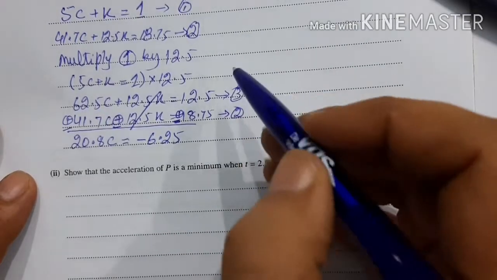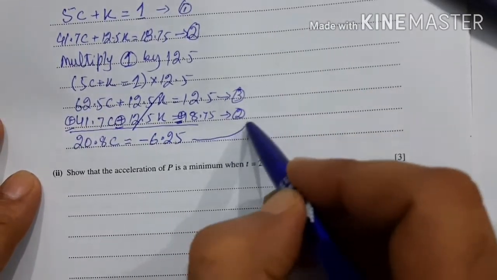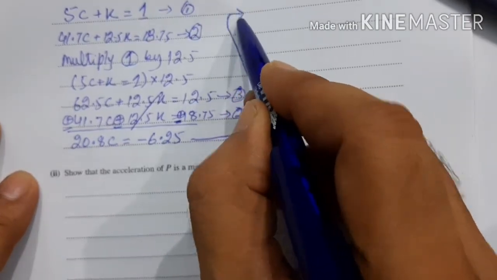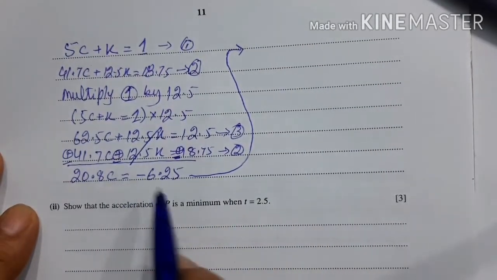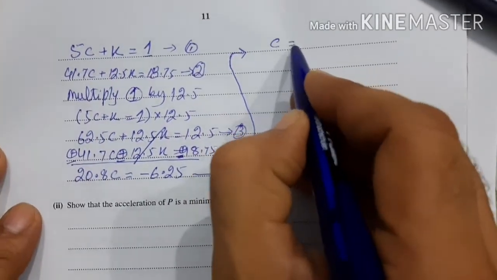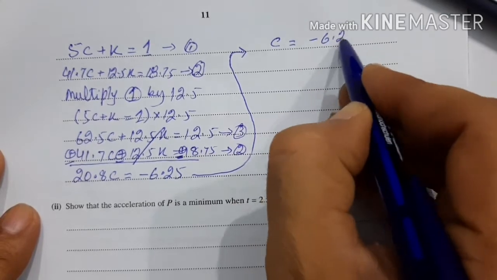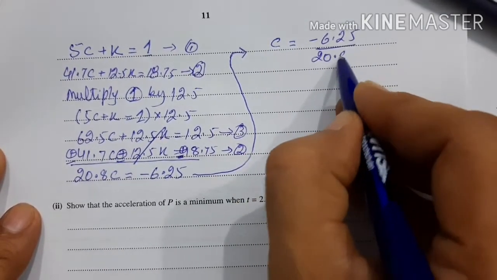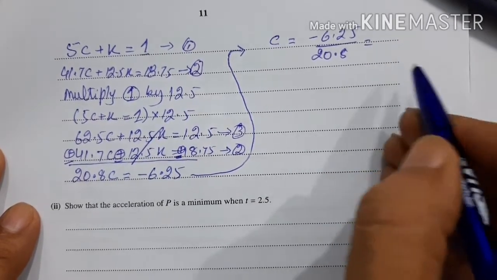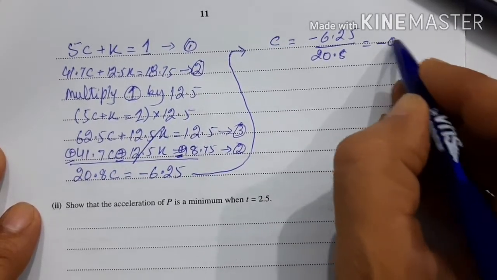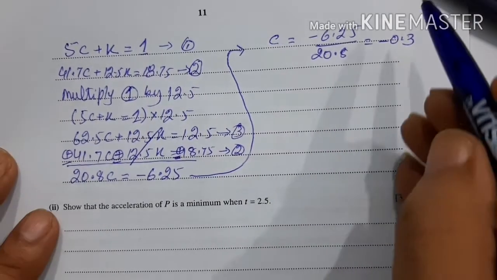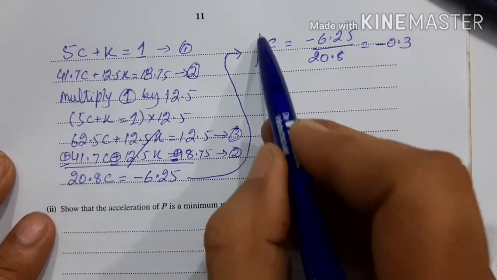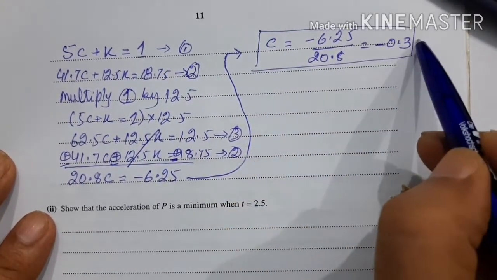So now c is equal to minus 6.25 over 20.8, which will give me minus 0.3. This is the value of the first constant c.